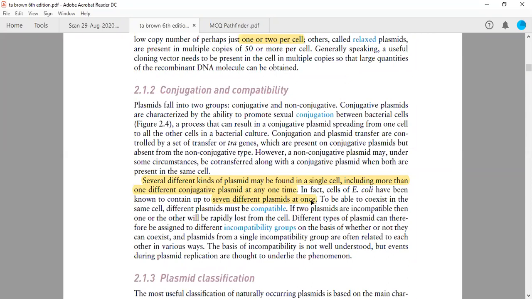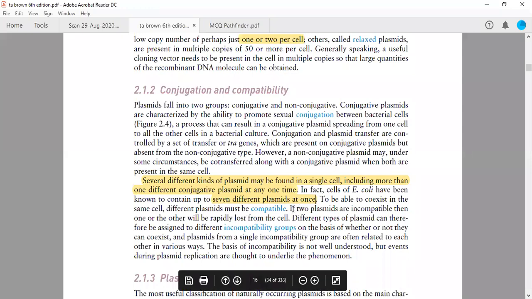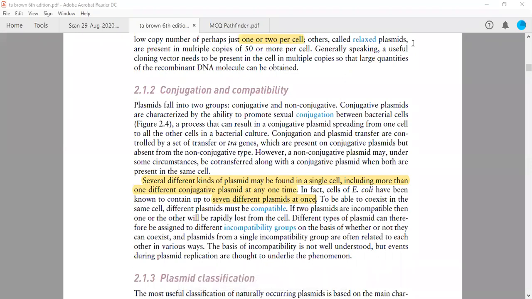The second thing is each plasmid has some copy number, which can be a stringent plasmid or a relaxed plasmid. Depending upon that, it may have 1 or 2 copies or 50 or more copies per bacterial cell, right? So how many different types of plasmids should be present in a bacterial cell? This is the compatibility factor of that particular bacterial cell, and therefore we can make different compatibility and incompatibility groups.